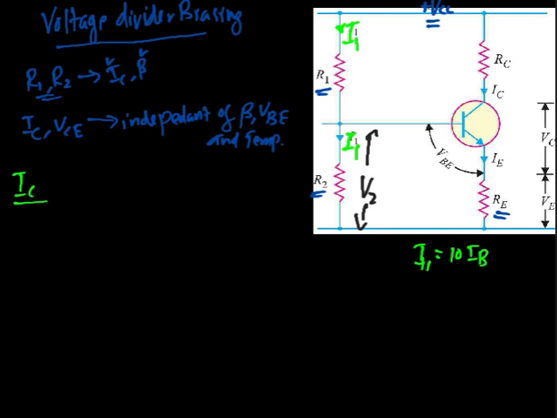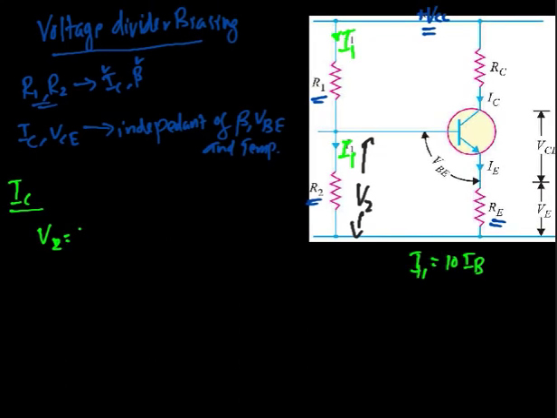Then we can write V2 is equal to I1 into R2. So we have to find I1, and from the circuit we can see that I1 is equal to VCC divided by R1 plus R2.